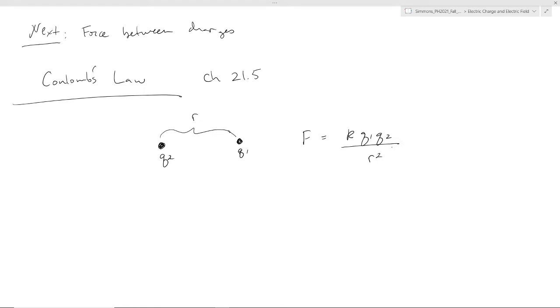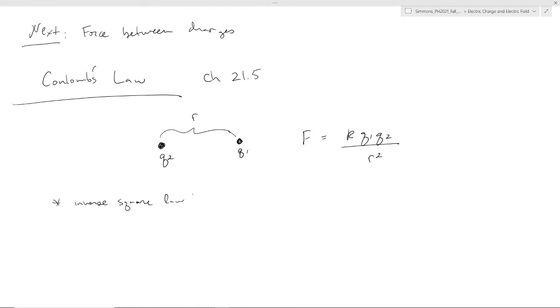This form should hopefully look kind of familiar. This is an inverse square law, because it's inversely proportional to the square of the distance between them.